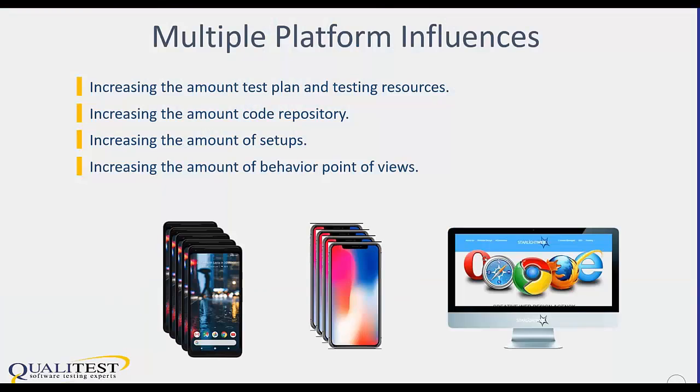So today in the market we have endless platforms of mobile devices and web browsers. We have endless Android devices from Chinese manufacturers, and last quarter Apple released 3 different iPhone devices just for one release.